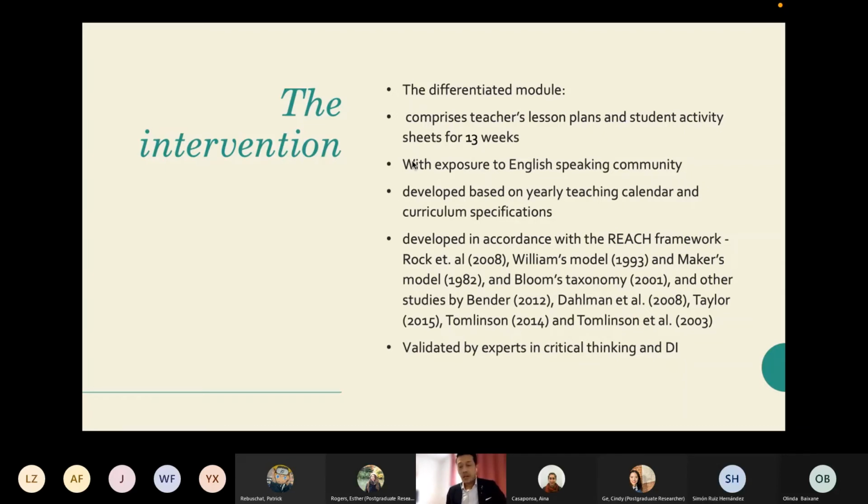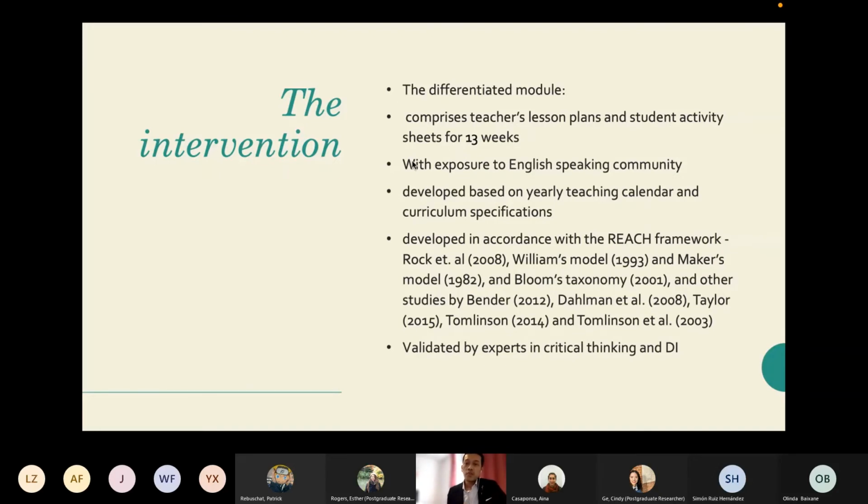And the content involves topics with exposure to English-speaking community across topics such as national independence, business and retails, and some social issues, especially something on addiction, mental health, and support group. And that is not usually common in Malaysia, but is common in the United States.